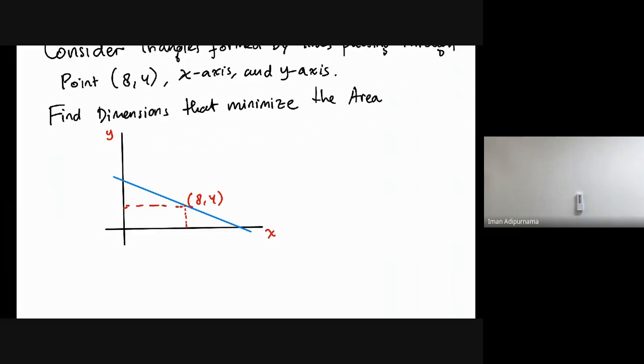You can just use x, y, so half x, y is your triangle. Minimize that.